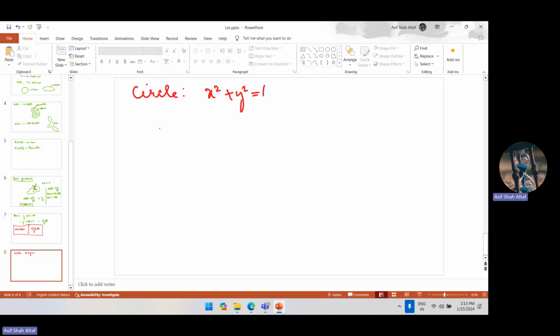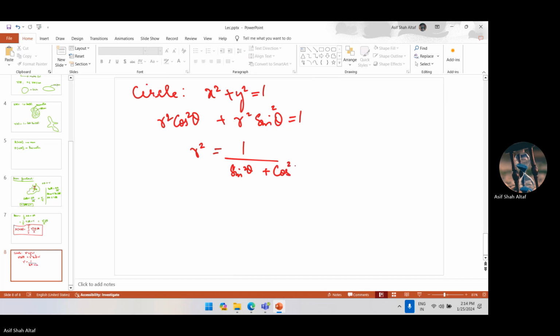If you want to convert it into the polar form, you will have to substitute r cos theta for x and r sin theta for y, and then you will have r square equal to 1.